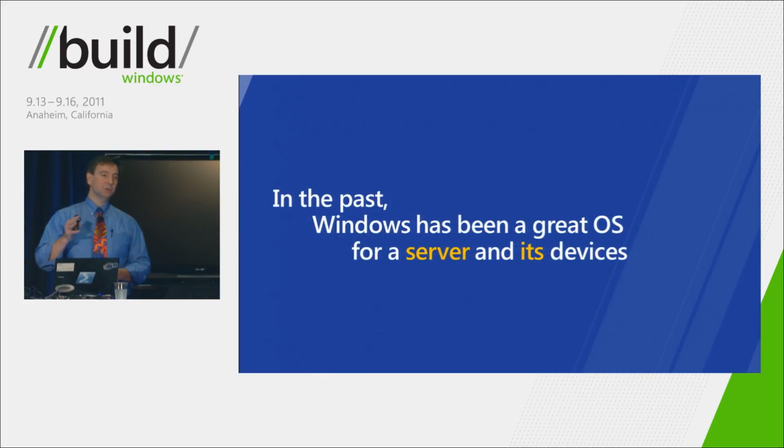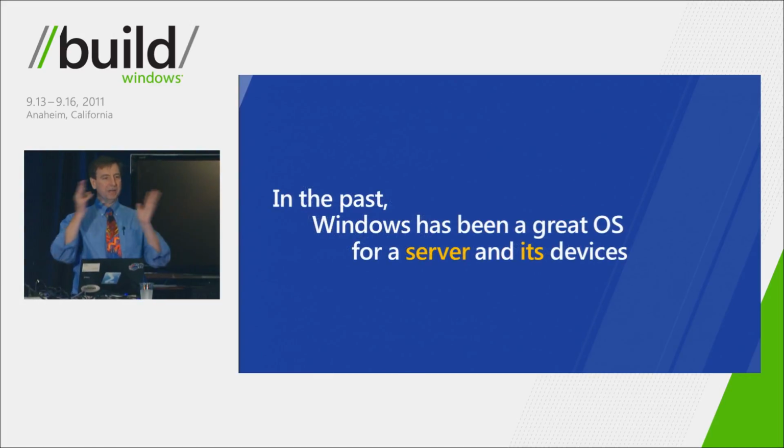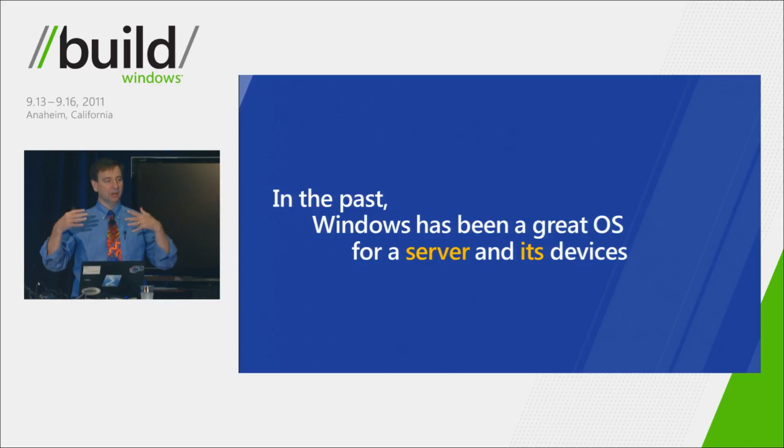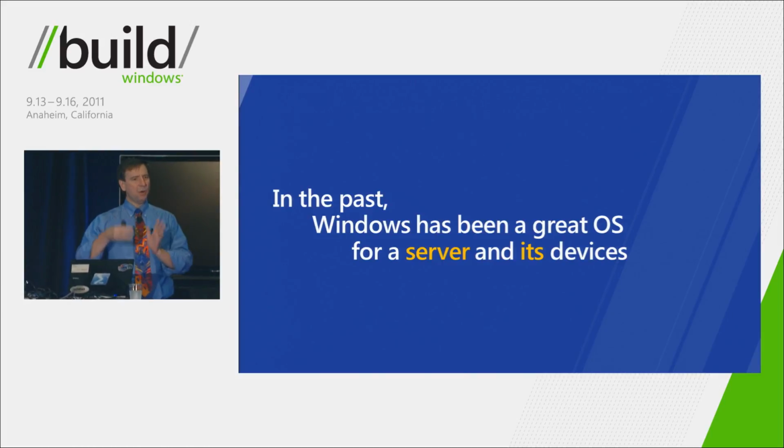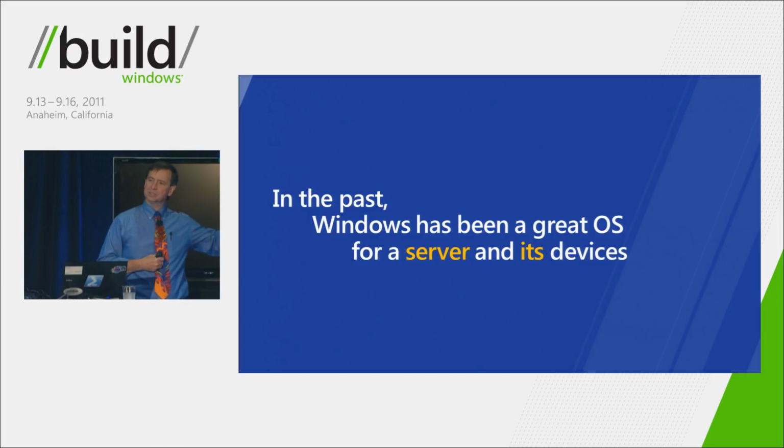Now, starting with Windows 8, there really is a transformation in Windows. The term of the day seems to be reimagining. It's a great word, and that's actually sort of accurate. We really changed how we think about who we are, what our mission is, and what we're responsible for. In the past, Windows Server was a great operating system for a server and its devices.